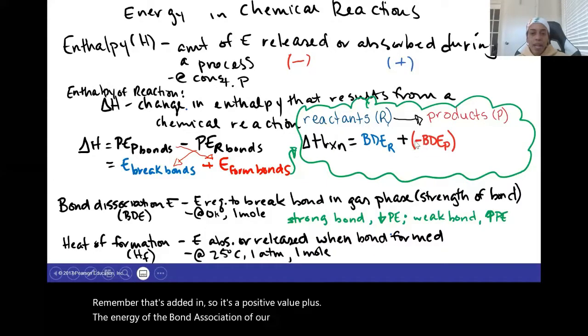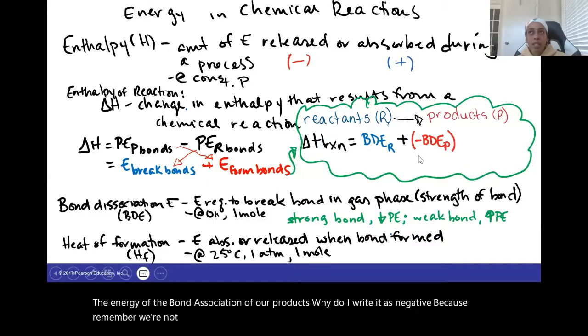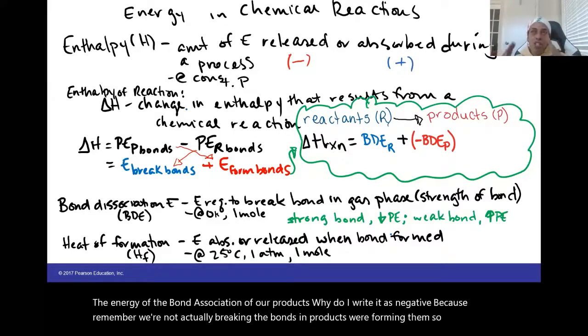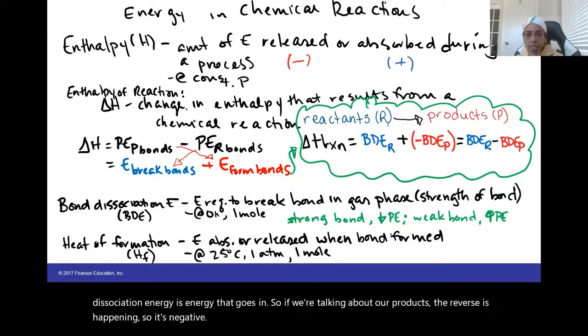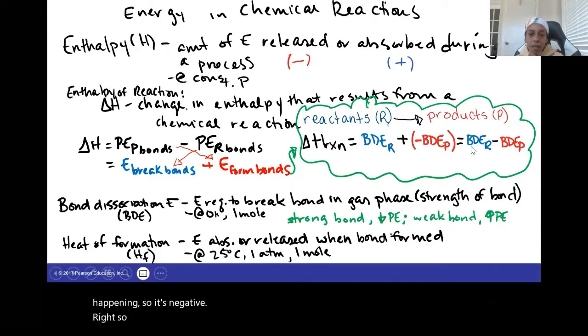Why do I write it as negative? Because remember, we're not actually breaking the bonds in products, we're forming them. So bond dissociation energy is energy that goes in. So if we're talking about our products, the reverse is happening, so it's negative, right? So that ends up being our bond dissociation energy of our reactants minus the bond dissociation energy of our products.